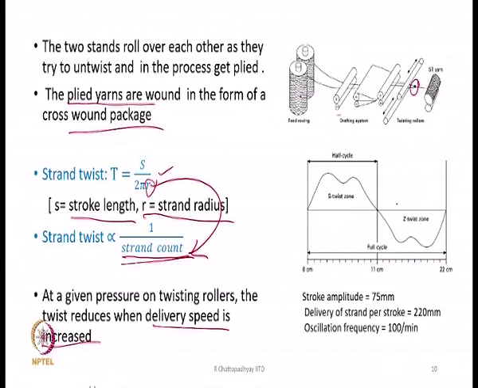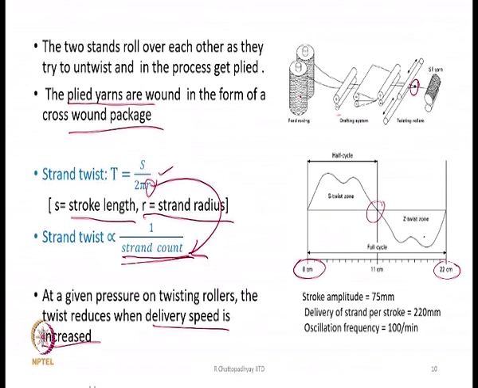Typically, the way the twist varies is shown here. Generally, the stroke length is typically 22 centimeters. So, S twist followed by Z twist, and there is a zone which is 0 twist. It is not really a point, in the actual case it will be a kind of zone. So, S twist will gradually develop, and then it will go down, and Z twist will be there.